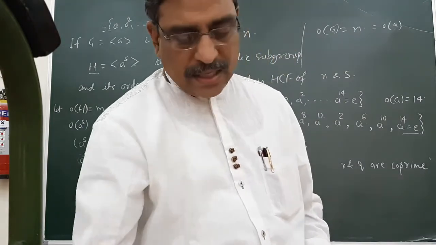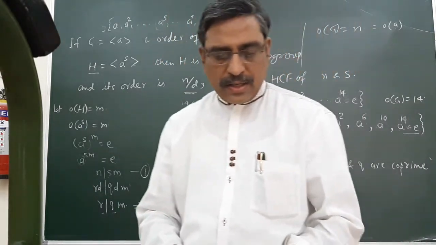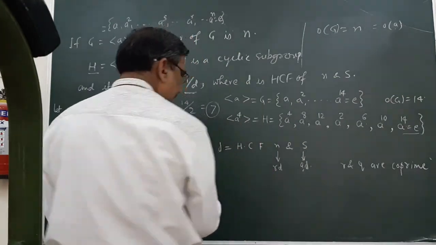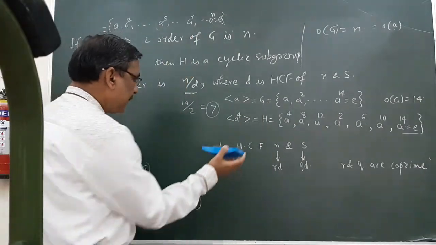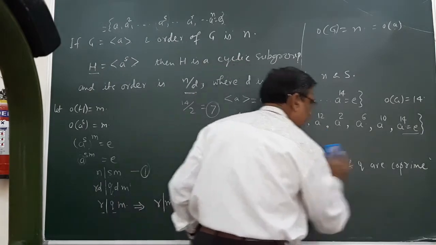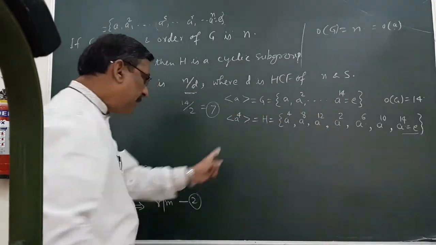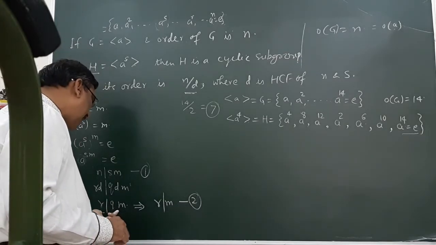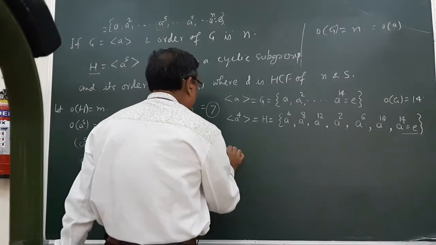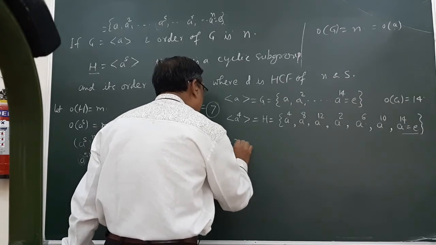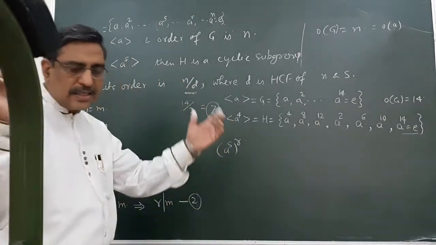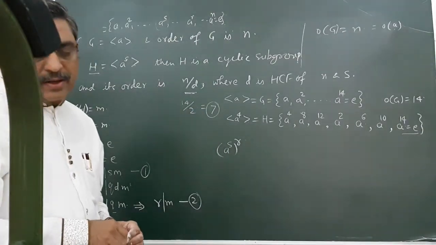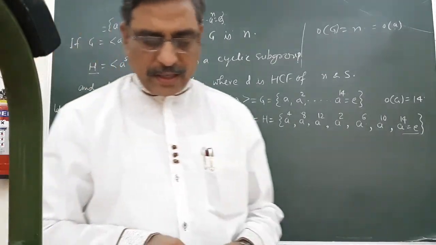Let us consider A raised to the power S. Keep in mind R and Q are co-prime, so R divides N. And now let us consider A raised to the power S, raised to the power R. What will it be?